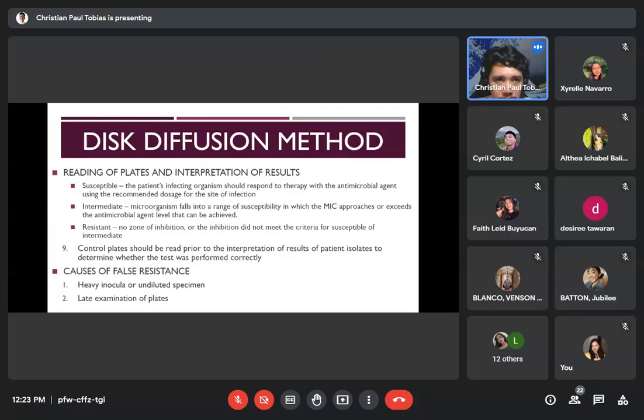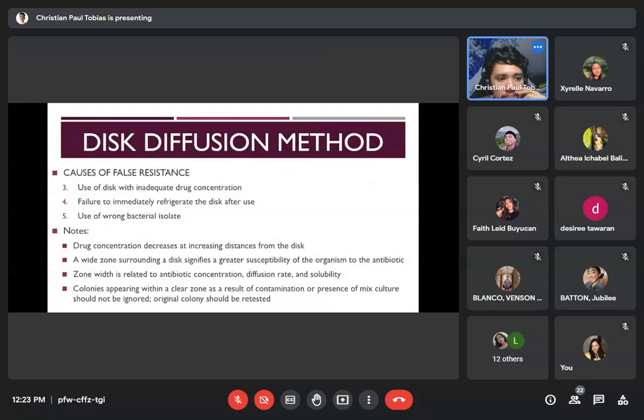Nagigets nyo? Na-imagine nyo ba? Okay. Pwede rin use of disc with inadequate drug concentration. Common cause nito, expired na yung drug. Or hindi siya na-store ng maayos. Or false resistance is caused by failure to immediately refrigerate the disc after use and use of wrong bacterial isolate.